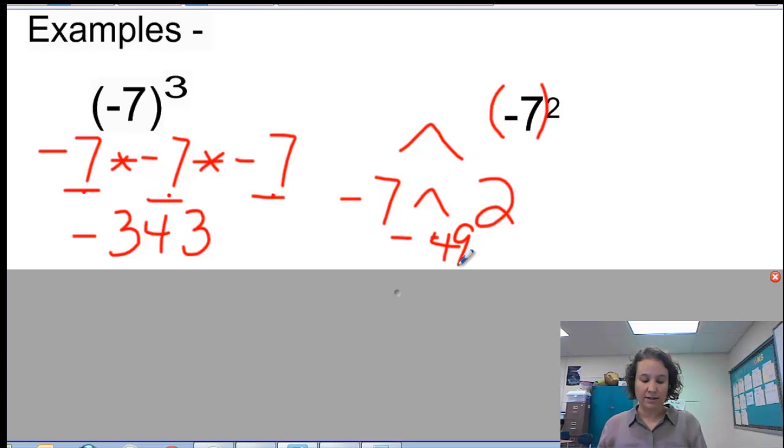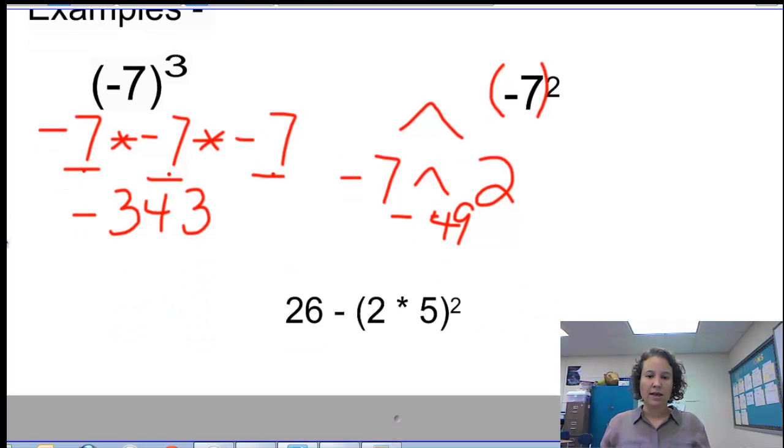Your calculator is going to do 7 to the second power and then take the opposite of that. So you have to be careful when you enter these problems into your calculator if you're dealing with negative numbers. If you really mean -7 to the second power and you want the -7 taken to the second power, you need to put that number into parentheses when you enter it into your calculator.